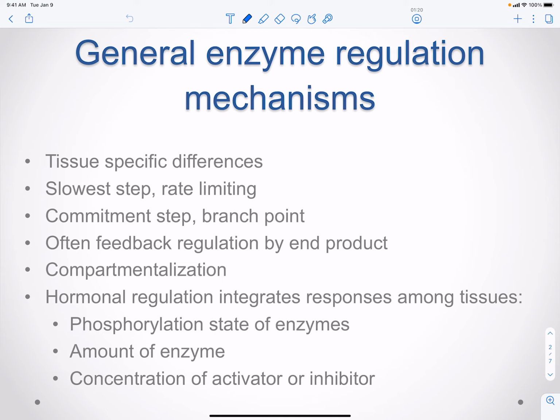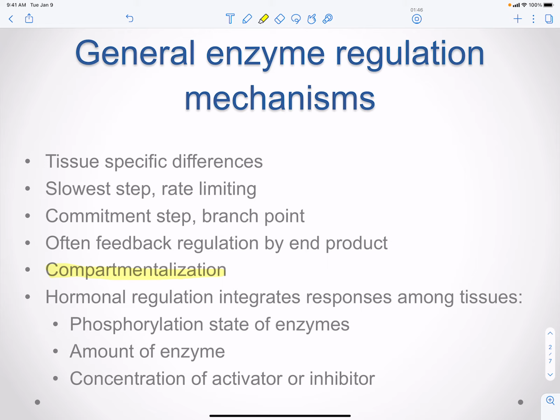Another way to regulate enzymes is through compartmentalization. This is, for example, keeping our TCA cycle enzymes in the mitochondria, keeping lysosomal enzymes inside of a lysosome. So you're able to control the function of those enzymes by controlling their location. Also, you can have integration of messages from the outside controlling enzymes.